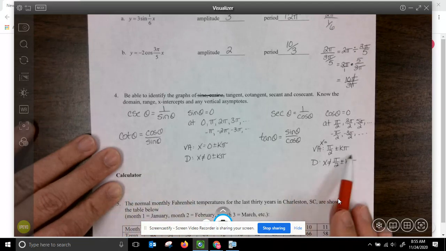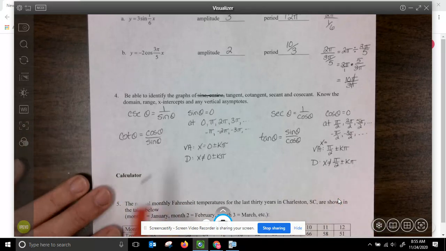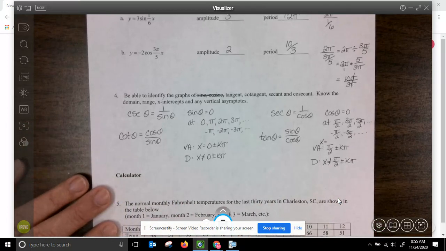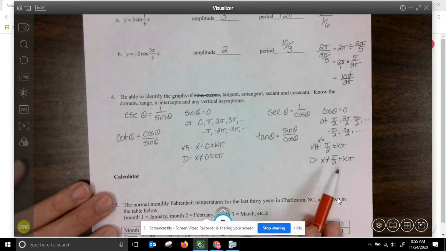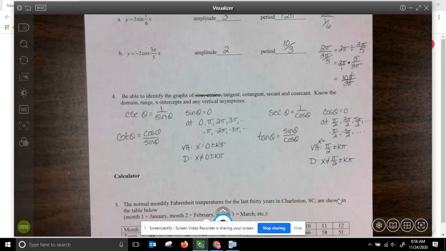Those are nice little tricks to remember all of that stuff. Knowing where the vertical asymptotes are is also a great way to determine between the graphs of tangent and cotangent and the graphs of secant and cosecant.